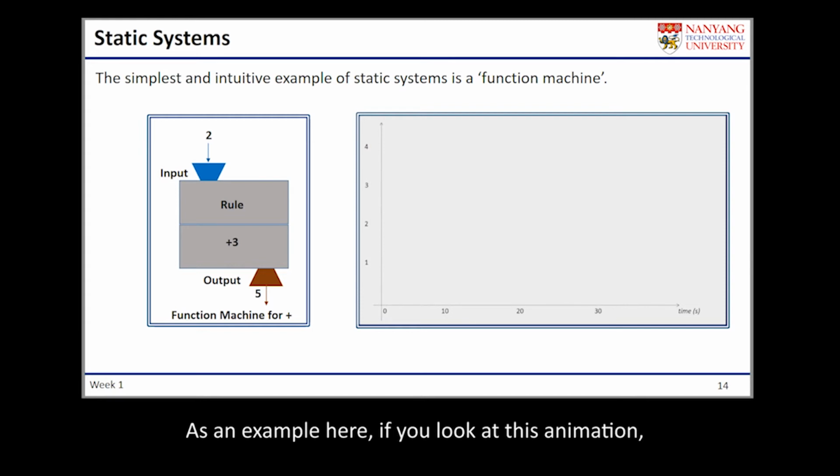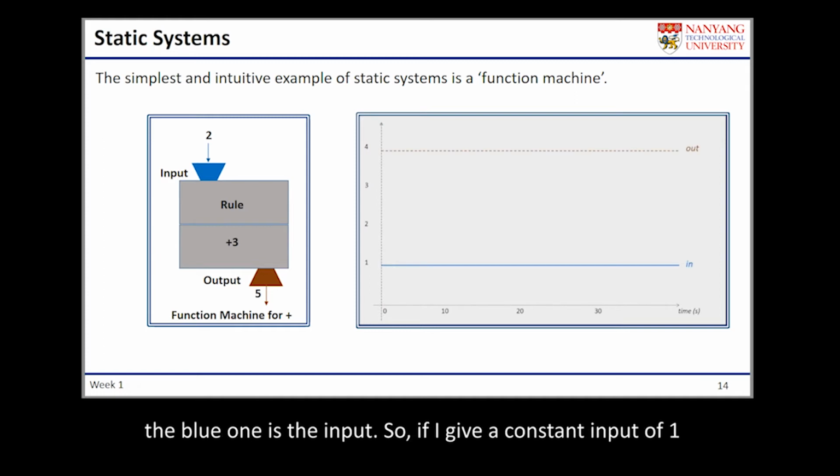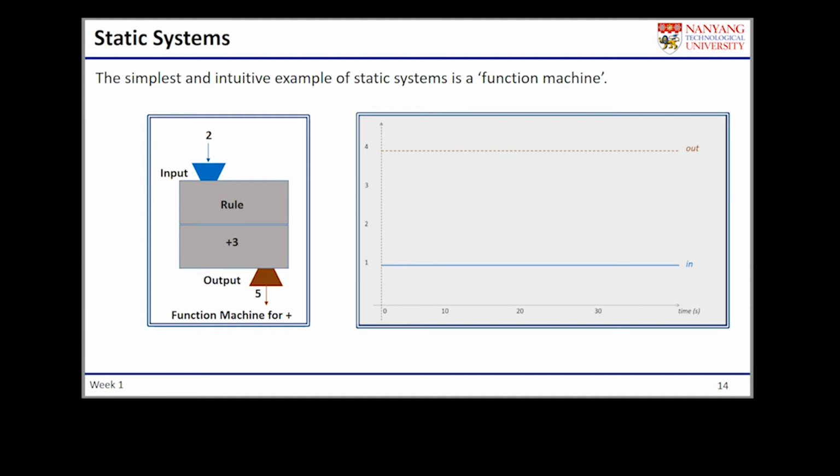As an example here, if you look at this animation, the blue one is the input. So if I give a constant input of 1 to this machine, the machine will give an output of 4. Just 1 plus 3 equal to 4. So the red dashed line is the output. So it's just simply like that.